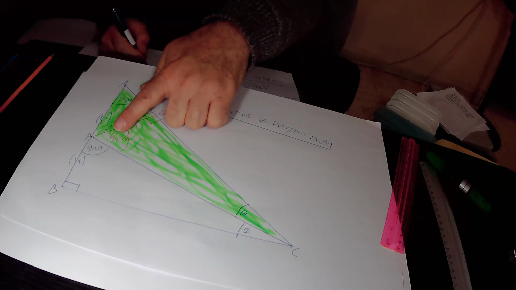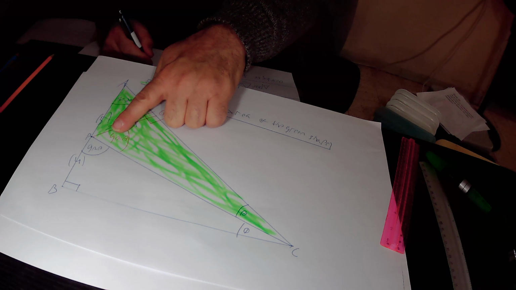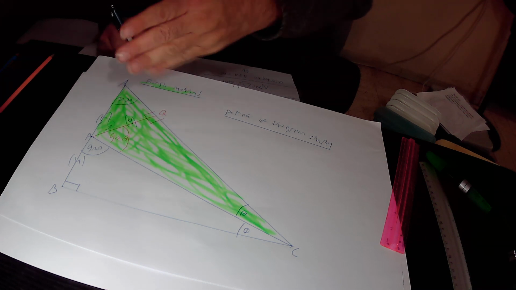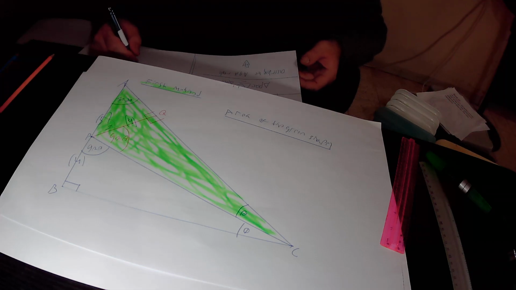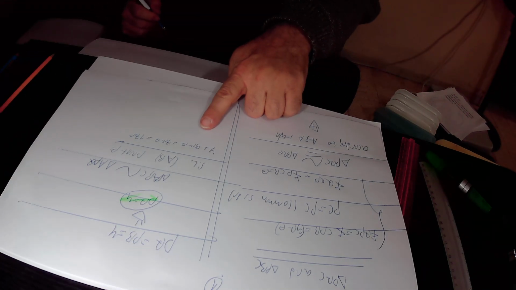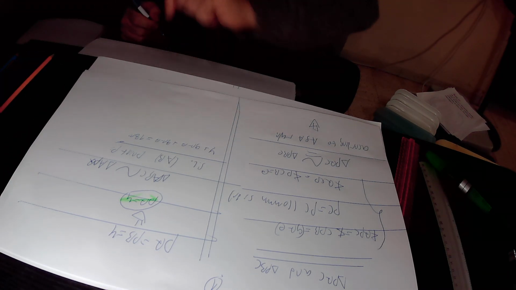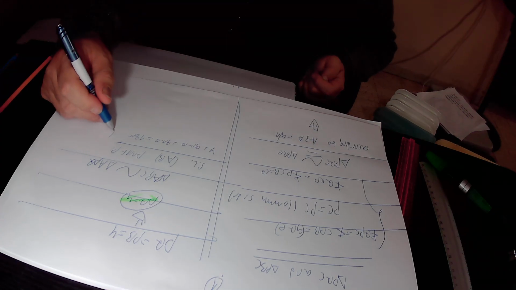The sum of those angles must be equal to 180 degrees according to rule 3. And again, in total we found that y plus 90 degrees minus theta plus 90 degrees minus theta equals 180 degrees according to rule 3.